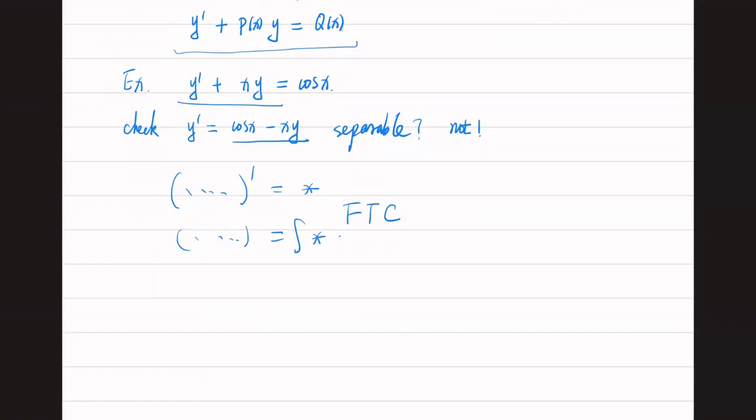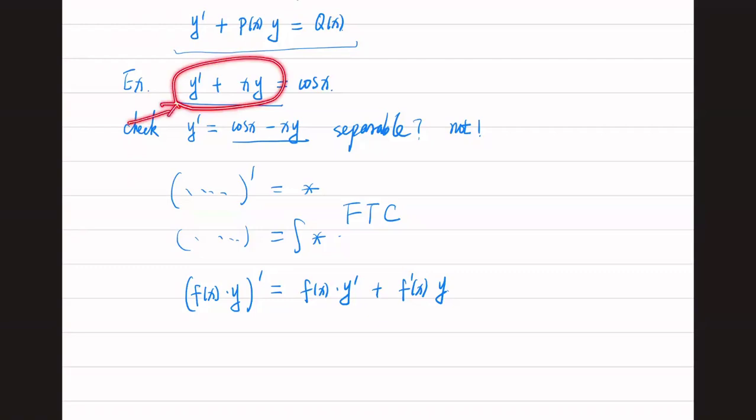So we want to make it like something, so f of x. If we apply the product rule, we get f of x y derivative, f derivative 1. What's missing, if we compare what's given and what we want, so we can apply the fundamental theorem.